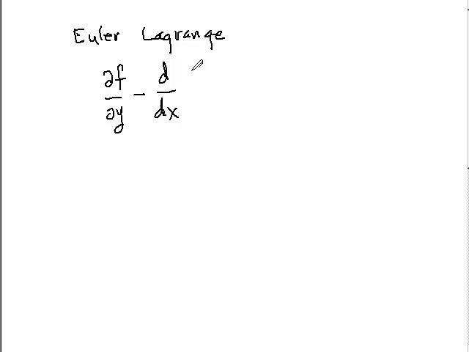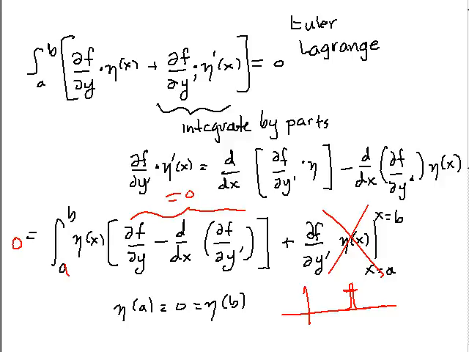So the Euler-Lagrange equations become the following. The derivative of f with respect to y minus d/dx of the derivative of f with respect to y' equals 0. That's the Euler-Lagrange equations.